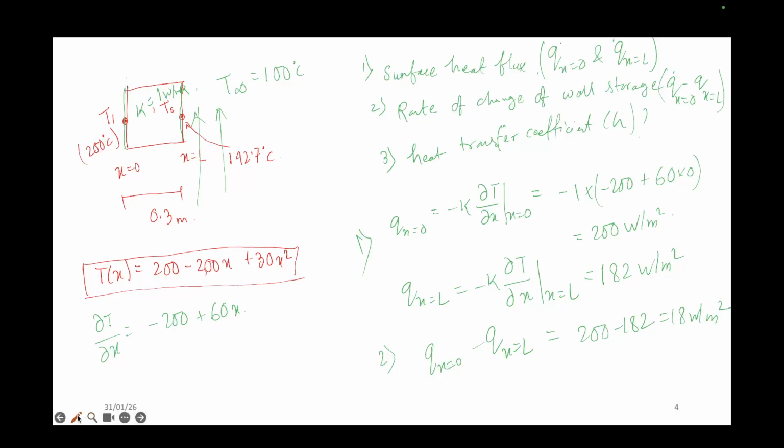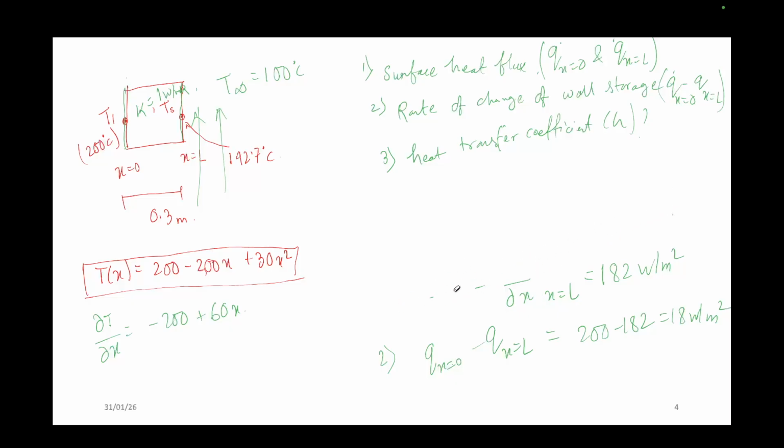Now you have to find out the heat flux. So I am erasing this. Yes, convection is equal to this. Always remember why we are using convection equal to conduction.